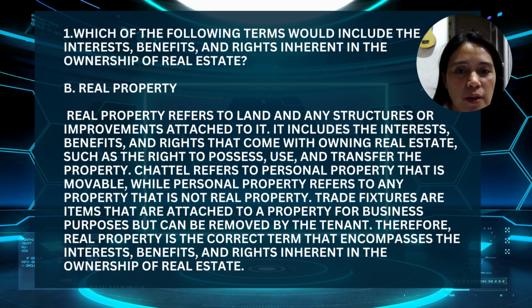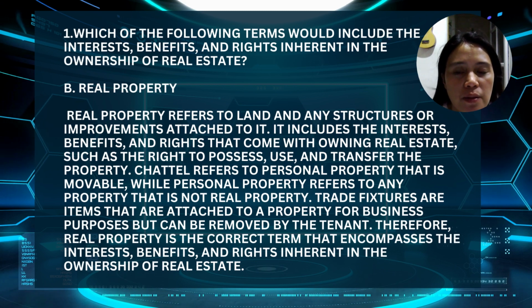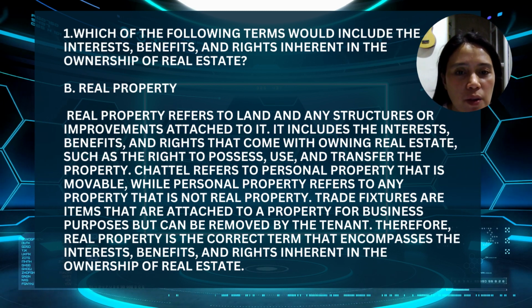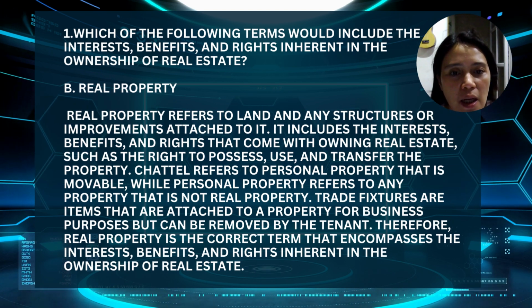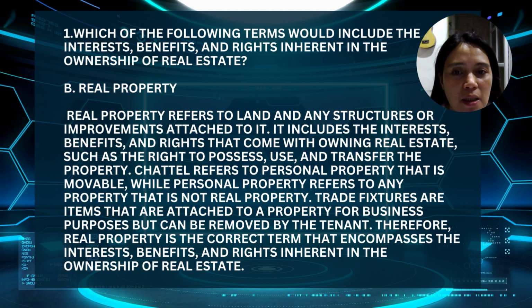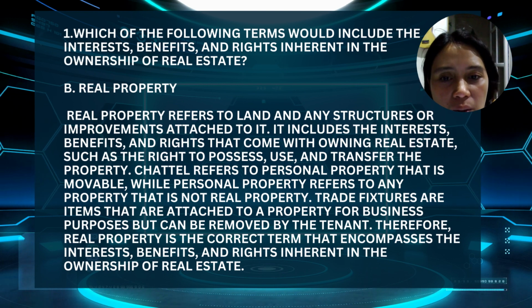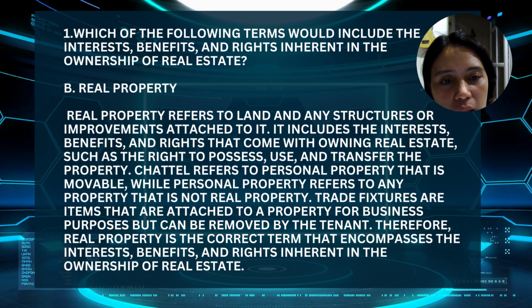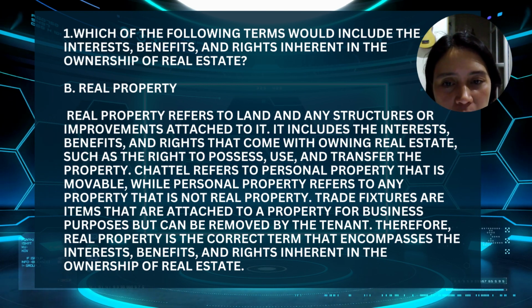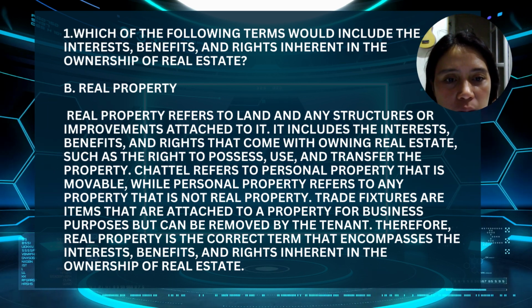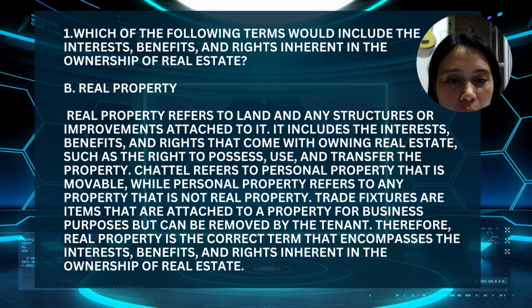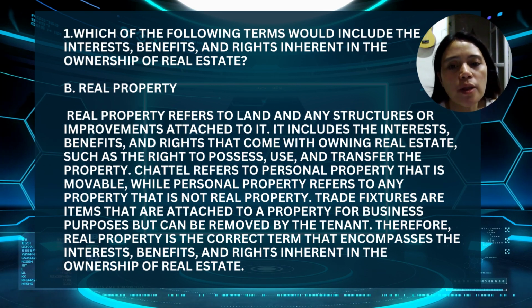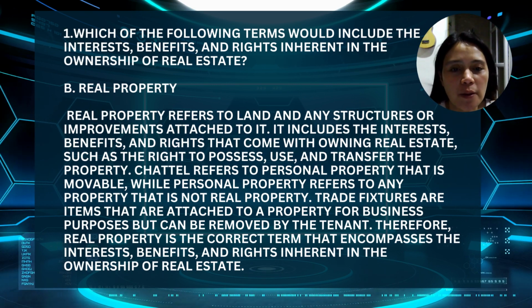Real property refers to land and any structures or improvements attached to it. It includes the interests, benefits, and rights that come with owning real estate, such as the right to possess, use, and transfer the property. Chattel refers to personal property that is movable, while personal property refers to any property that is not real property.